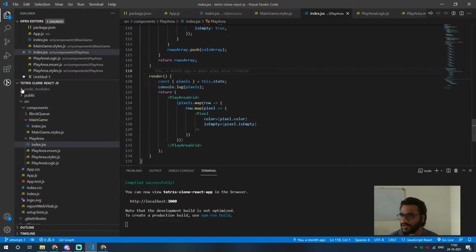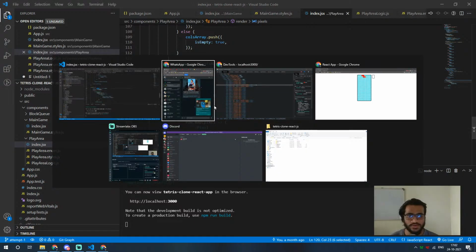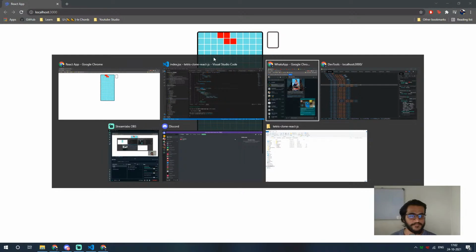So, continuing on. Now we know that pixels has all the state it needs to show on the screen, right?